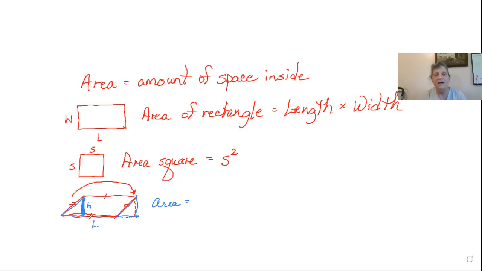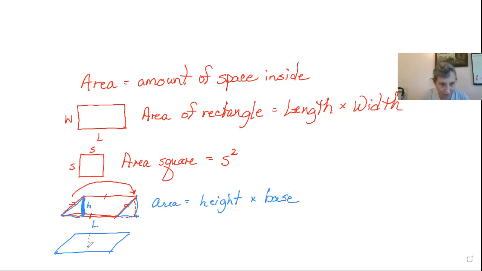So the area of a parallelogram is the height, let me write it out, is the height times, they tend to call the other side the base. It's simply the perpendicular distance between two of the parallel sides.